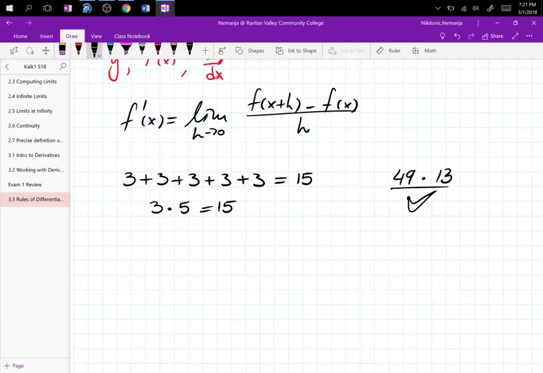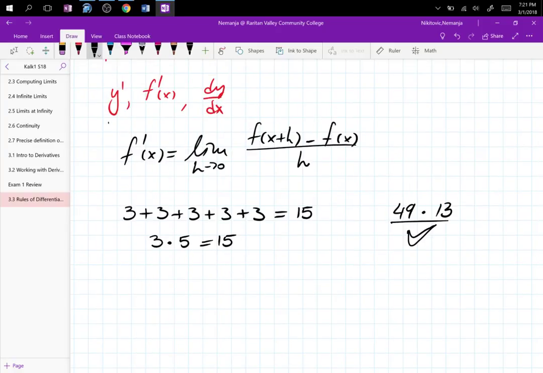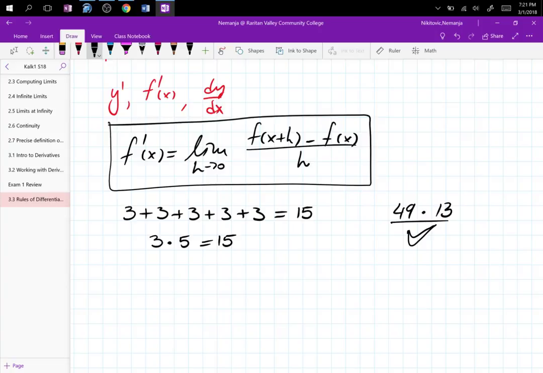Now you are facing the same choice. You have the formula that computes the derivative. That works. Can we compute these derivatives faster if we memorize certain rules?